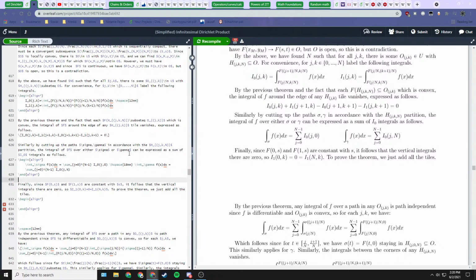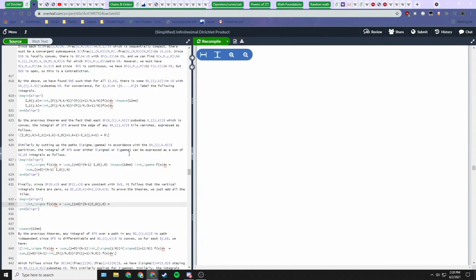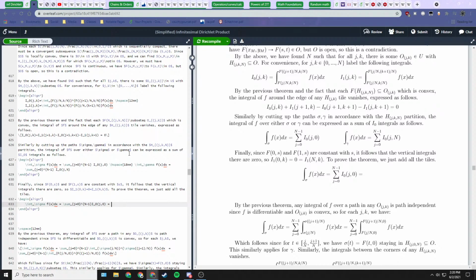Okay. So now we just want to do it. Okay, so integral of sigma of f of x dx. This is the sum j equals 0 to n minus 1 of I0 j comma 0. But we know also, let's see here.